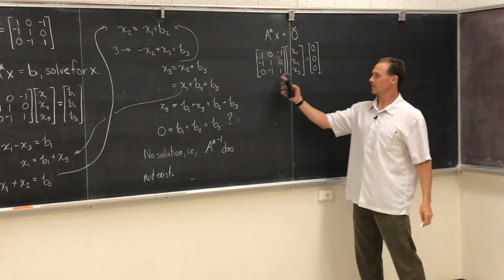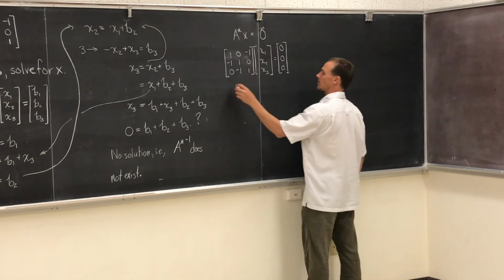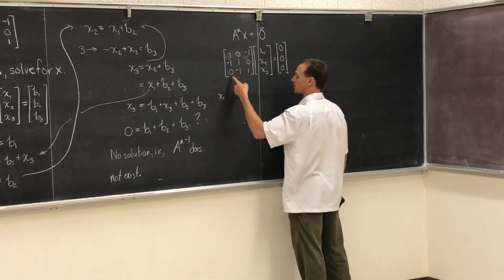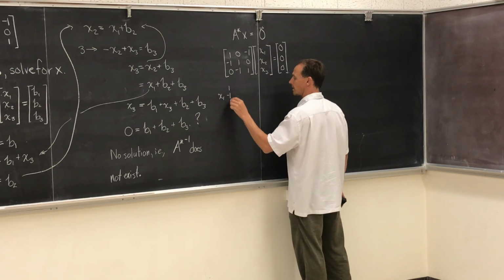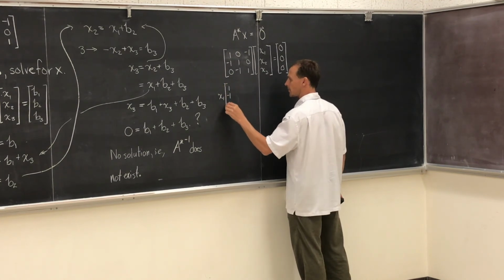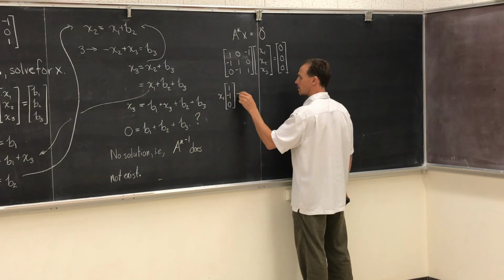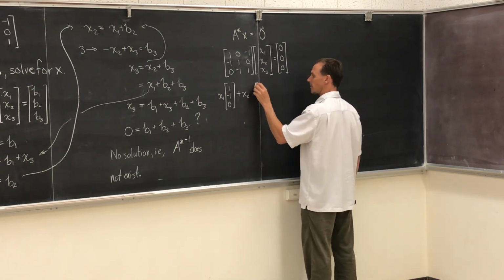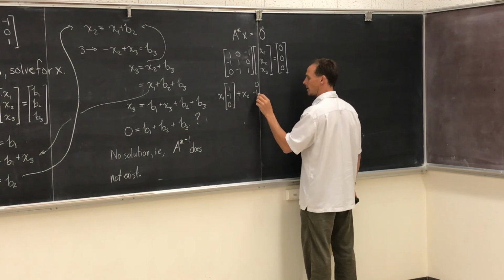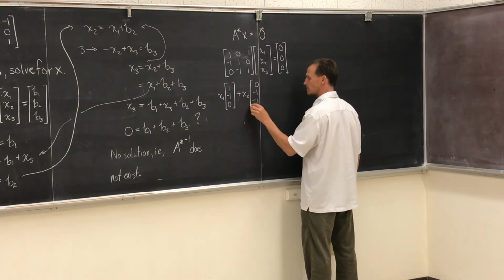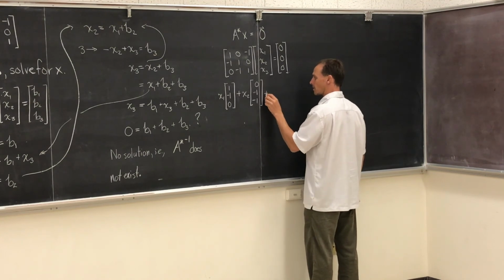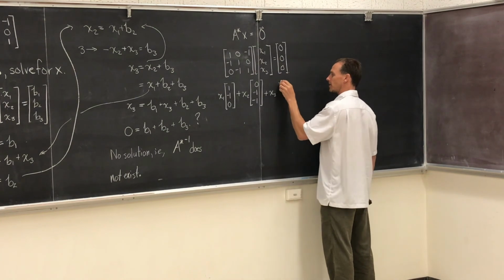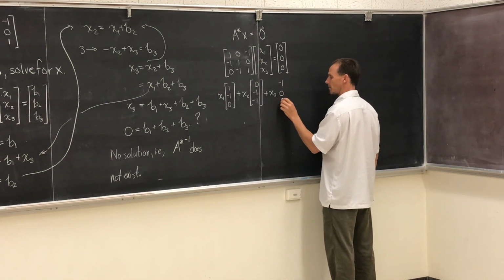Well, what is this? This means this is a linear combination. This says that if you take a scalar, x1, times the first vector, that's 1, minus 1, 0, plus the second weight, or scalar, x2, times 0, 1, minus 1, plus x3 times this third column vector, minus 1, 0, 1.